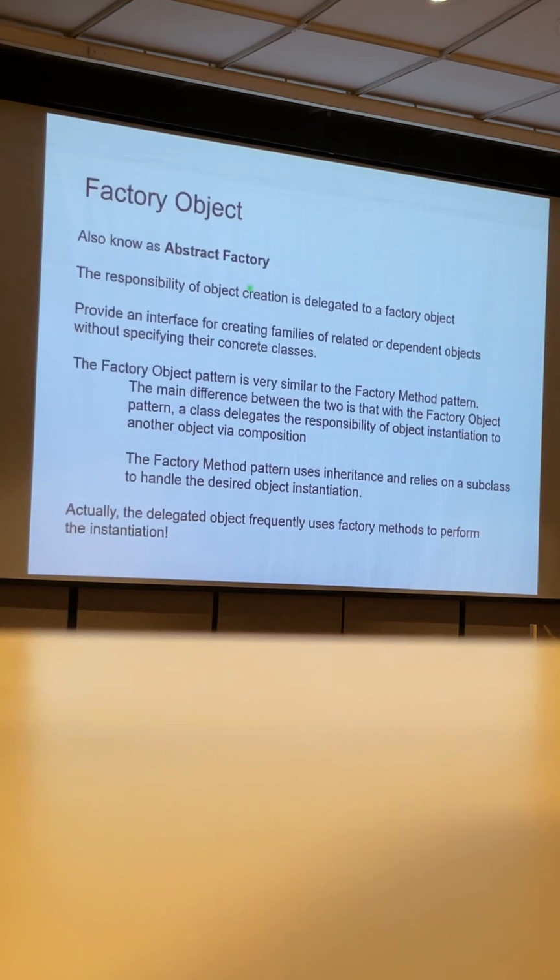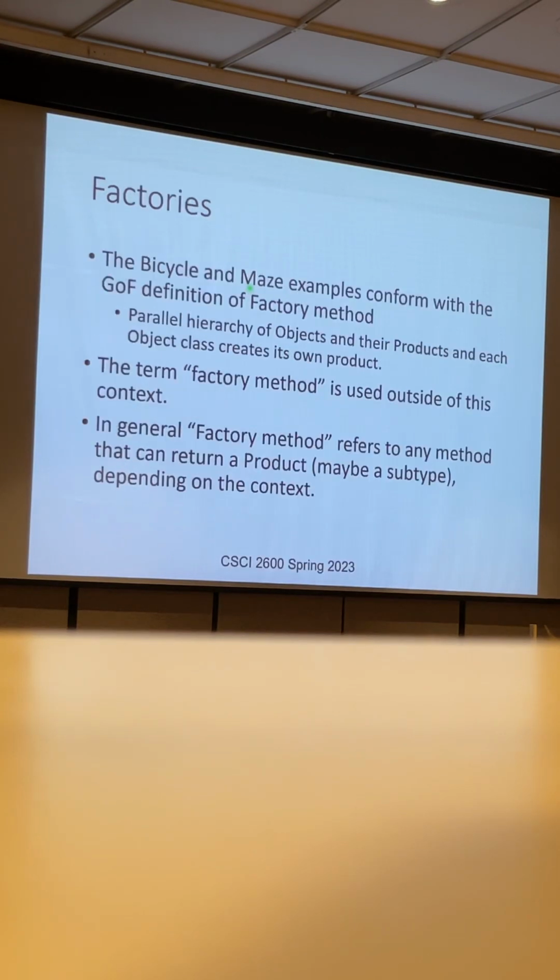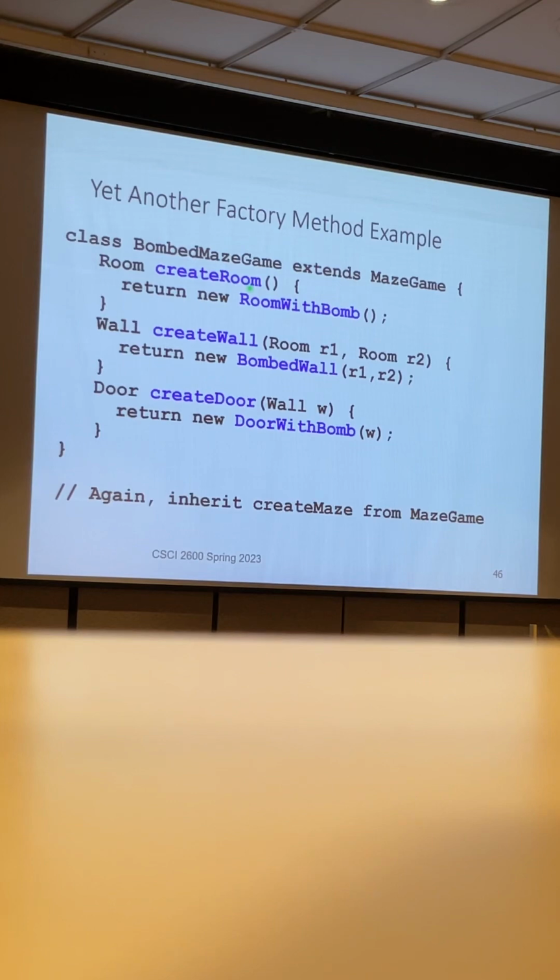So apart from factory methods, yes. What's the difference between a factory method and a producer? Well, a producer is any method that returns another object. Okay, it doesn't have to be a factory, right?